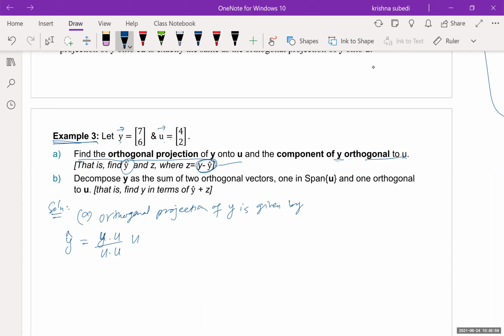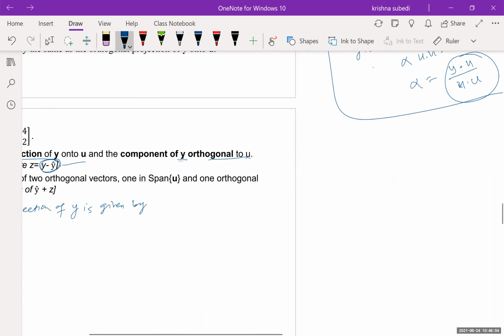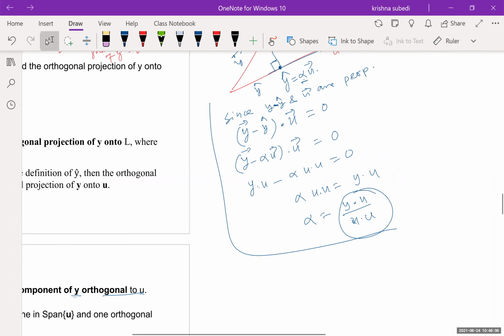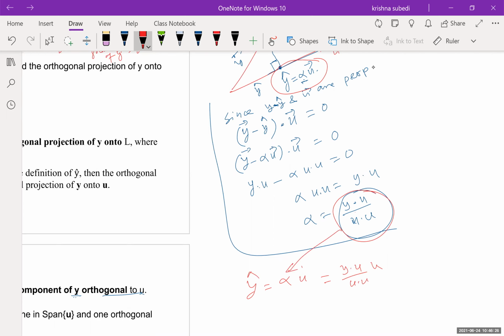Is that right? Because notice here that your y hat is alpha u, and we already calculated the value of alpha, so that means y dot u over u dot u. You just substitute the value, and that is y hat. So try to memorize this formula, even though I will provide you the formula in the exam, but if you remember, that would be great.